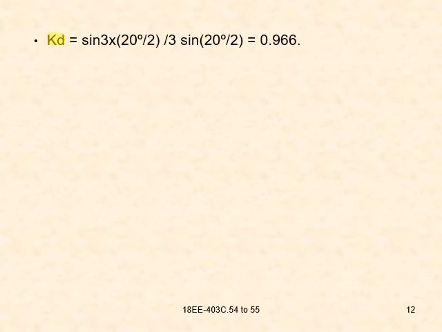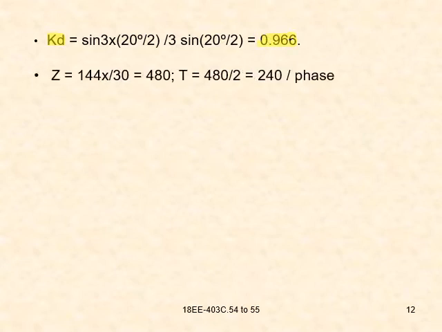So m is 3, and beta is 20, that finally gets 0.966. And Z is equal to 144 into 30.